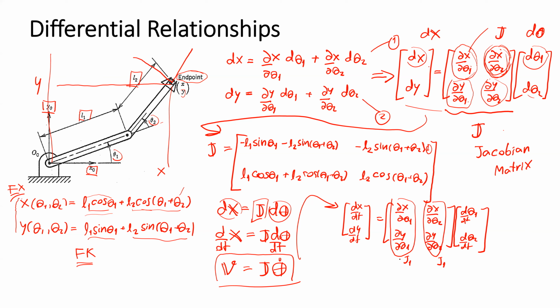The vector J1 relates the endpoint velocity as a function of the velocity of joint 1. J2 relates the velocity as a function of the joint velocity 2.